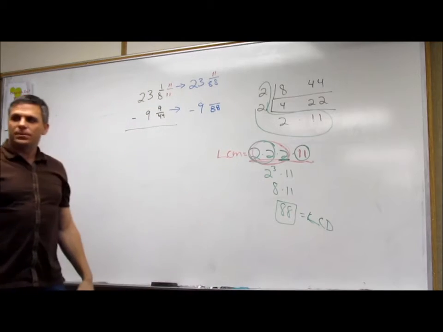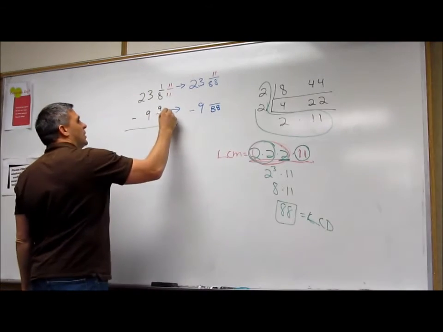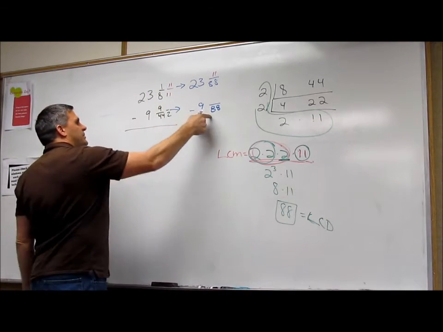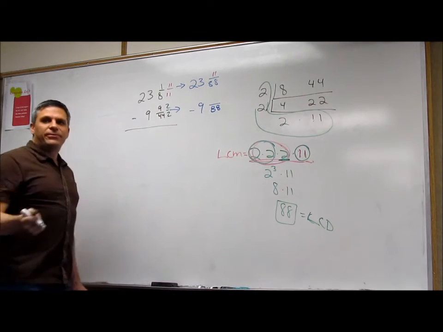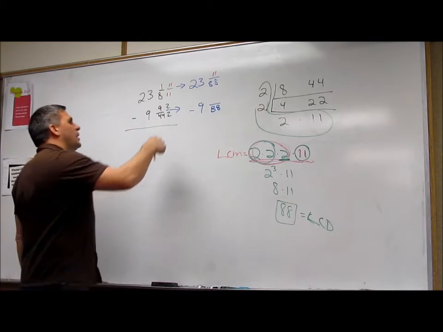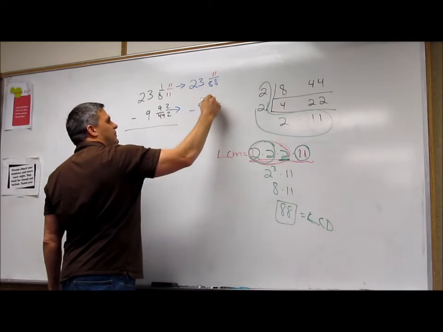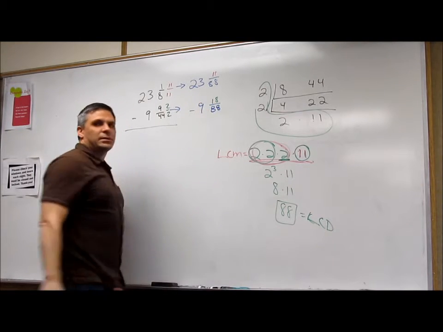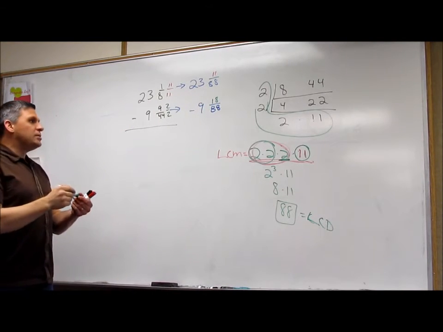The 2. 2 times 44 is 88, and so we manipulate the fraction by a 1, and we get 2 times 9, which is 18.